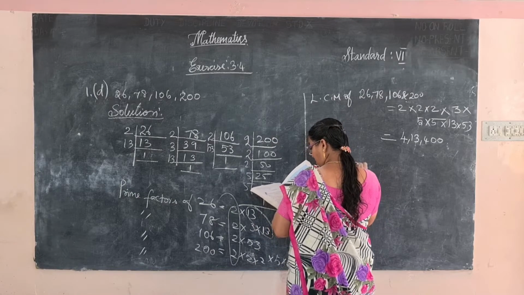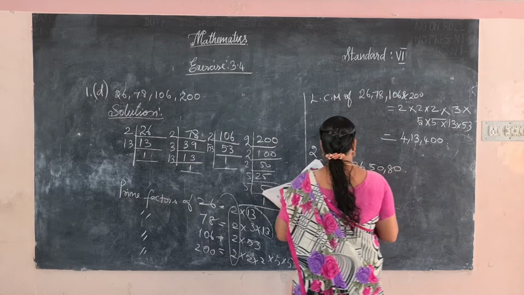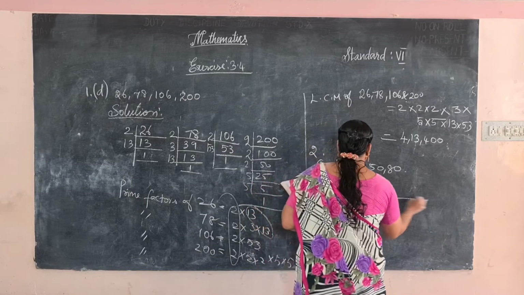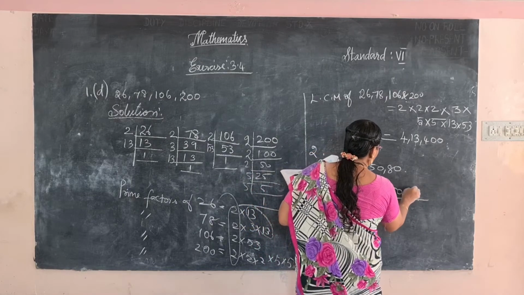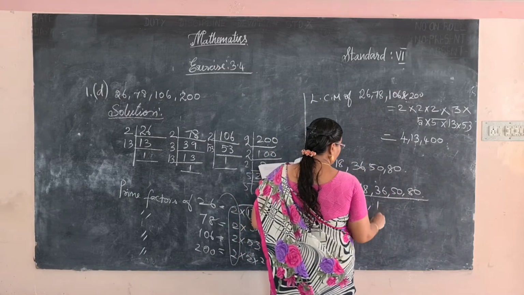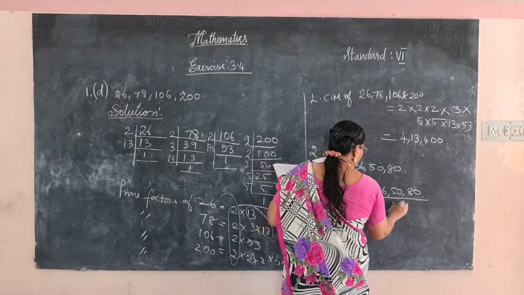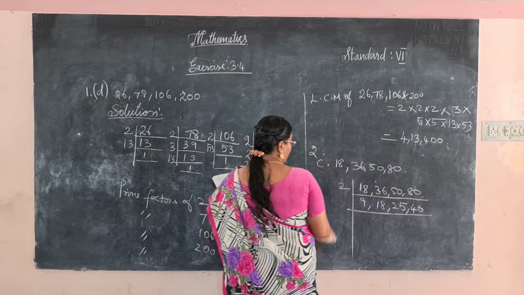18, 36, 50 and 80 are given. So common division, 2 table, and next again 2 table.